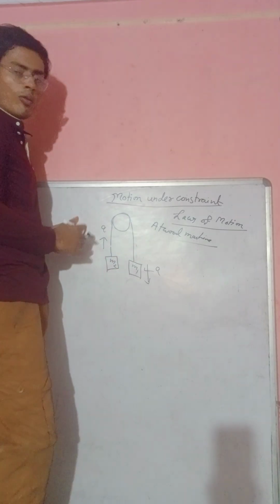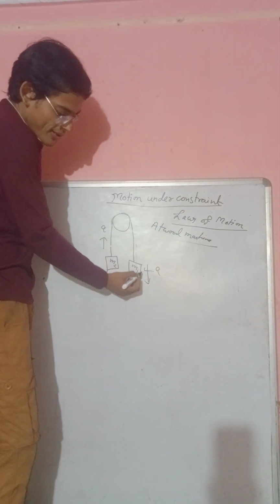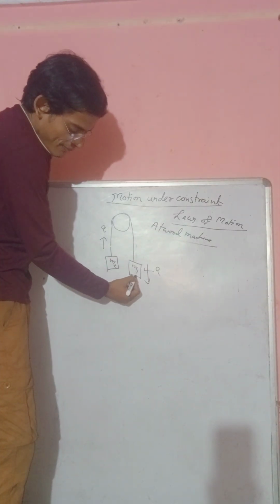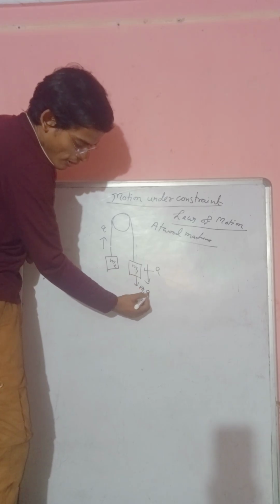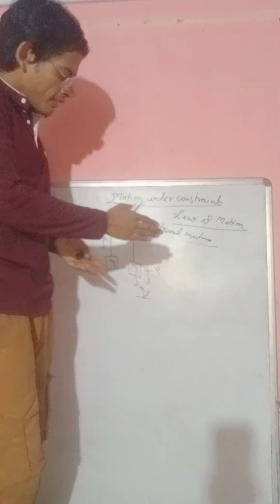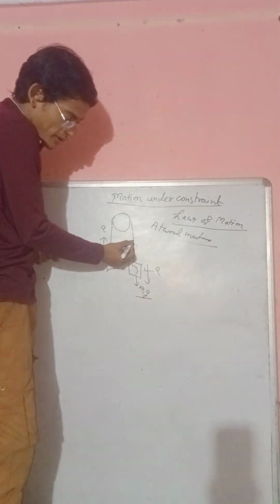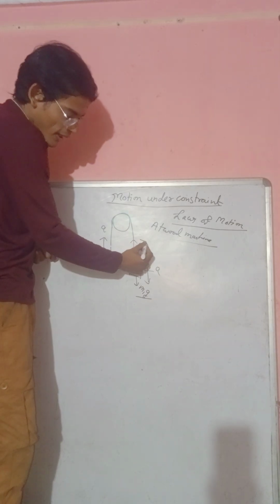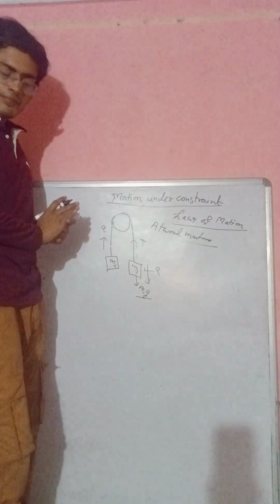And what happens when we consider that this mass is moving in the downward direction? Then the weight of M1 is acting in the downward direction, and because of this weight, the string will feel an opposite reaction force, the tension force.